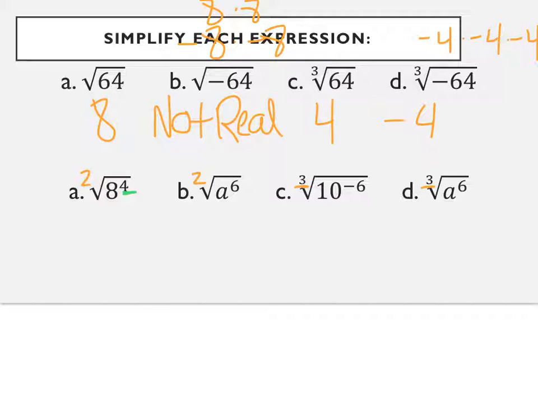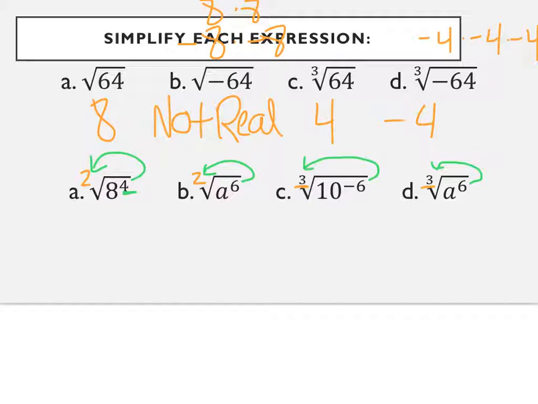So we're taking 4 and dividing it by this 2, taking 6 and dividing it by that 2, and taking this negative 6 and dividing it by 3 because it's a cube root. It's bizarre, but the root divides the exponent.